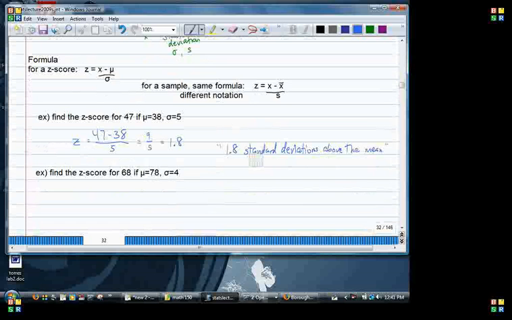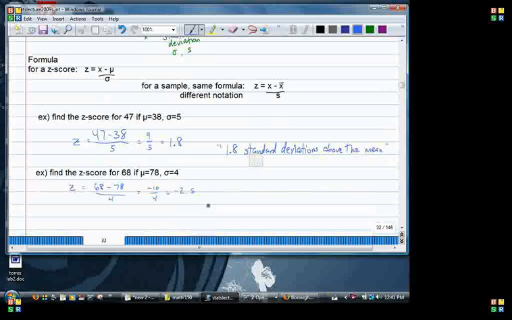And what about this one? Over 4, because that's the standard deviation. So this works out to negative 10 over 4. That's negative 2.5.